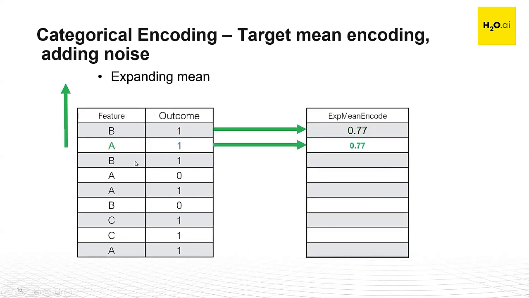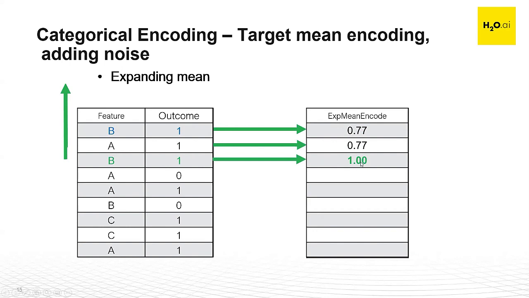And the same goes for the first A. There is no previous known A, so you still put the average of the data set. But now that you go to B, you already have a previous known B value, so you can create the average based on the B values you have seen so far. In this case, you have one B value that was 1, so you replace this value.